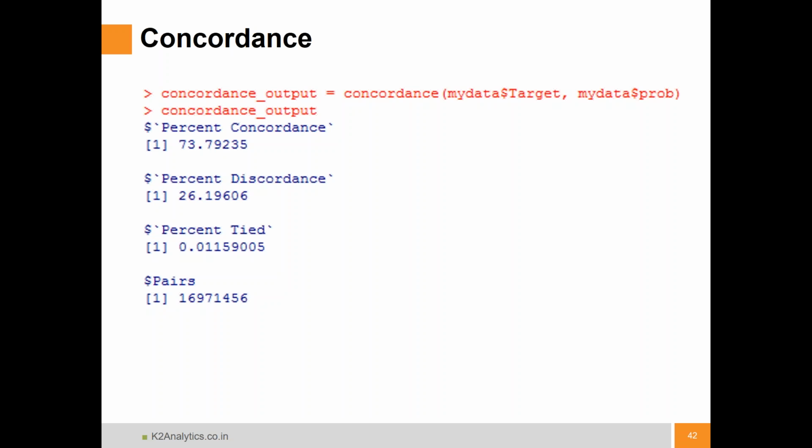After scoring, you will see the rank ordering statistics, or whichever statistics is your benchmark as model performance. That statistics should be very close to the development model statistics. A deviation of plus or minus 10% is tolerable.